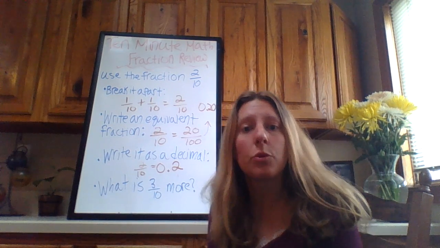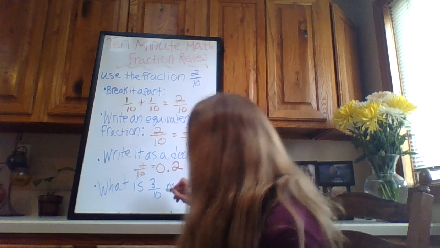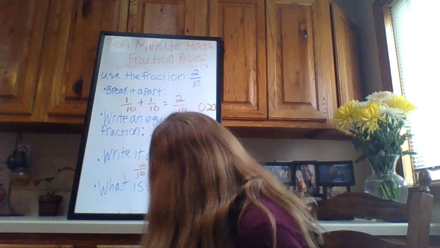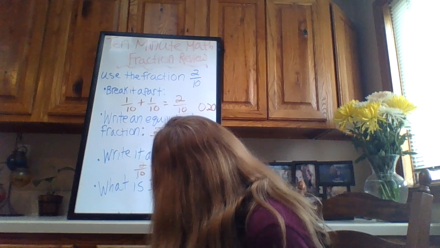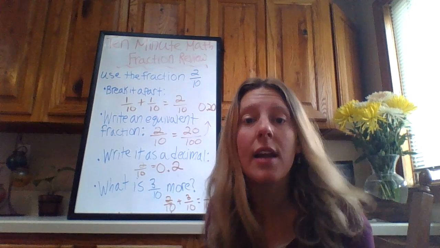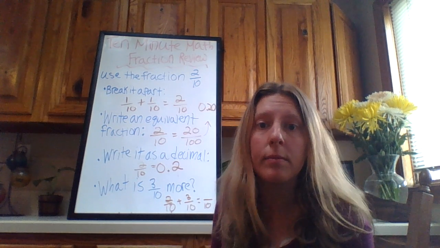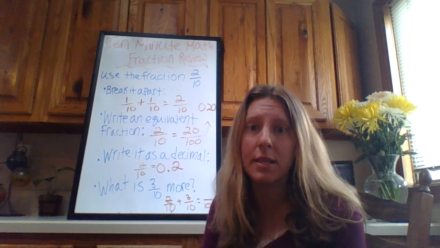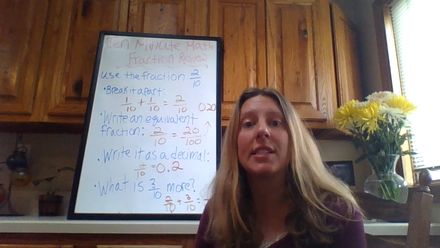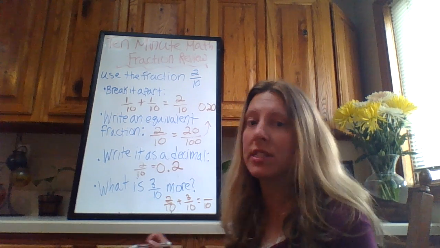And then what is 3/10 more? That would be 2/10 plus 3/10 equals, and I know when the denominator is the same, remember denominator is the bottom fraction, when that's the same, I just add the numerator, which is the top.